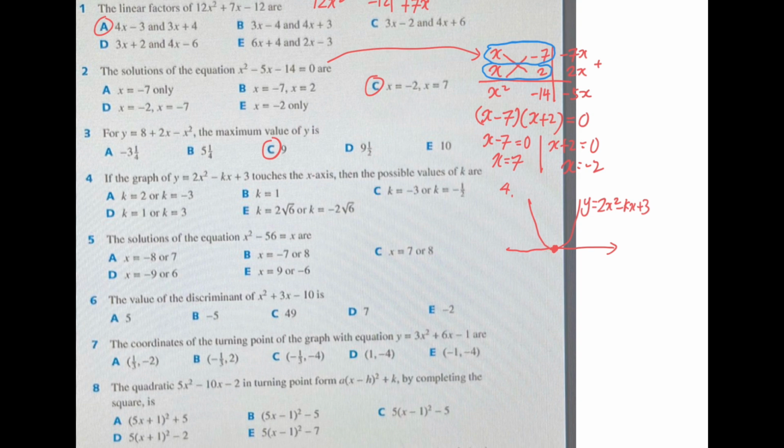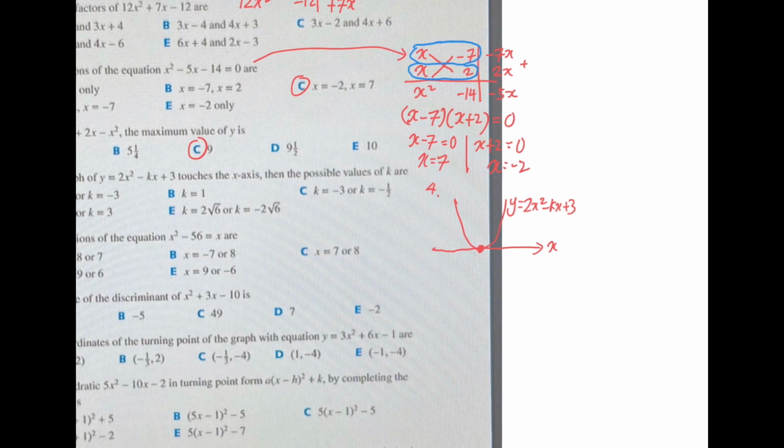Touches the x-axis. So we need to know that when this is the scenario, it means there is only one solution. Okay, so then we have to think of one solution, right? For one solution, we have to think of b squared minus 4ac equal to 0.